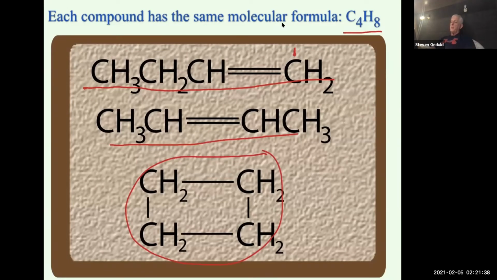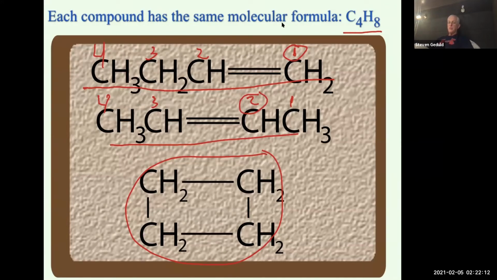If we number our carbons 1, 2, 3, and 4, and number these ones 1, 2, 3, and 4, look at the position of the double bond. In the top compound, the double bond is at the number 1 carbon. In the second compound, the double bond is at the number 2 carbon. Different structure, different shape, different function, and a different name.